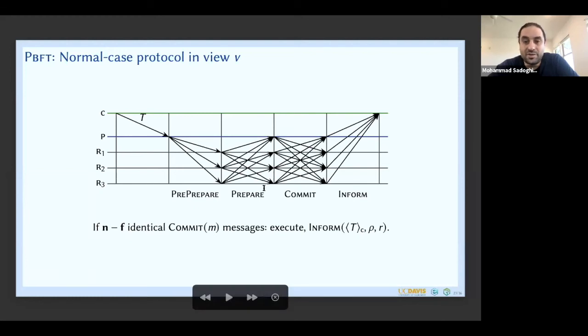And if the protocol stalls, either because the primary was malicious or the network has failed, then it tries to change the primary. It simply blames the primary for it. And the change of the primary could only happen if, again, a sufficient number of replicas are on board.